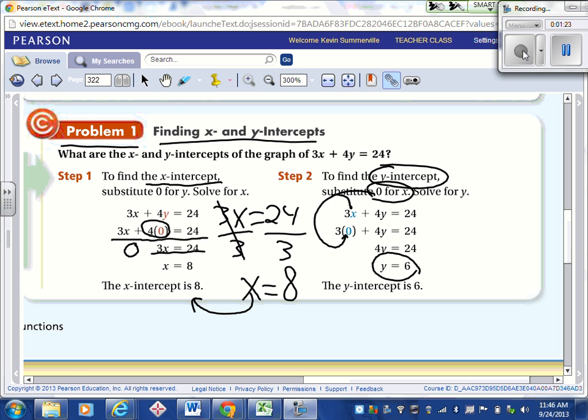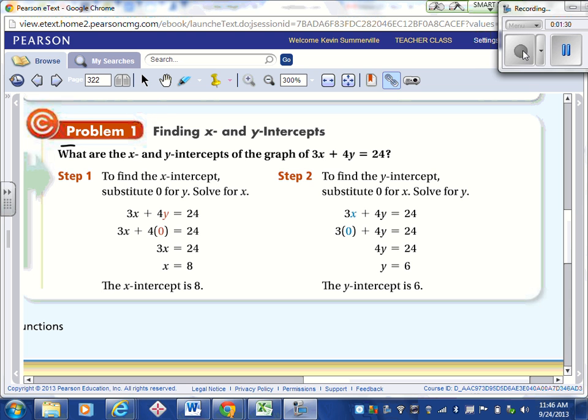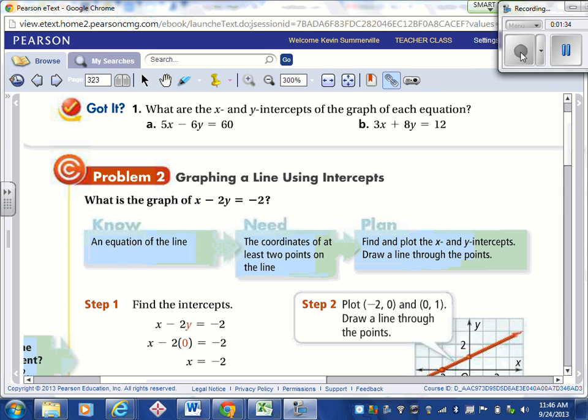Today, I'm going to give you some problems to take it one step further. So let's take a look at problem 1. So go ahead and write this down: 5x minus 6y equals 60.